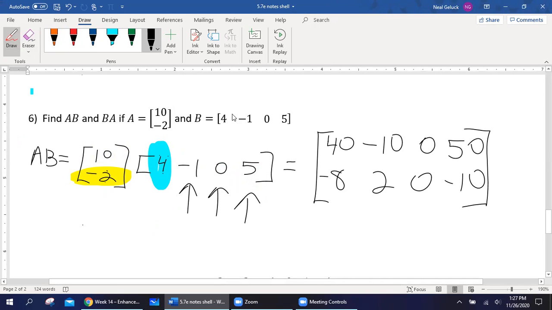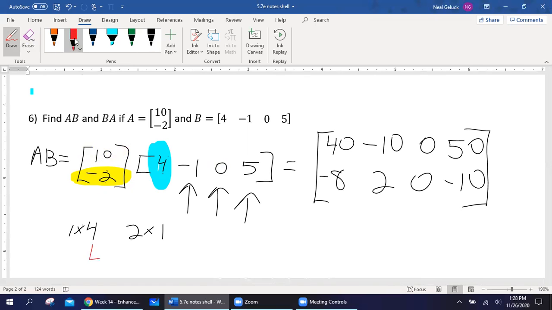So there's AB. BA, I can't even do because B is a 1 by 4. A is a 2 by 1. The middle numbers do not match this time. So I can't even do it. So BA is not possible.